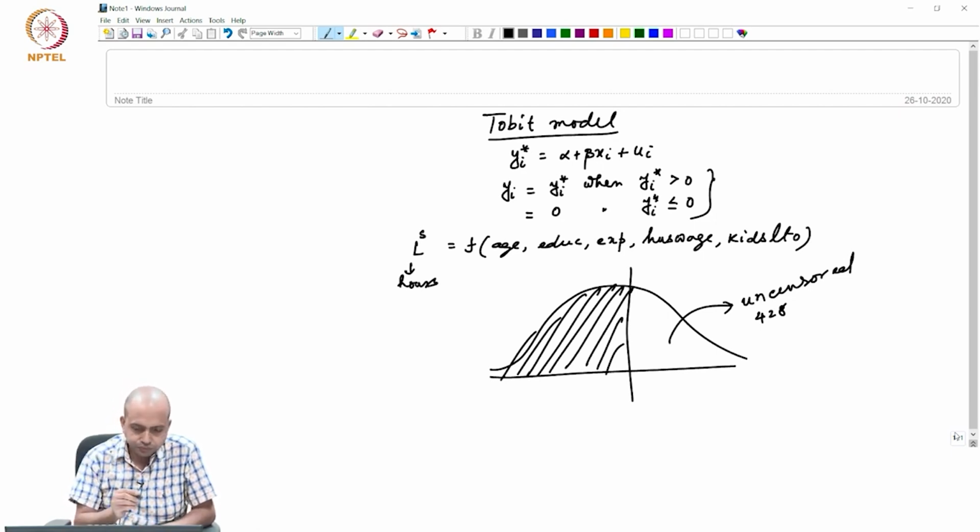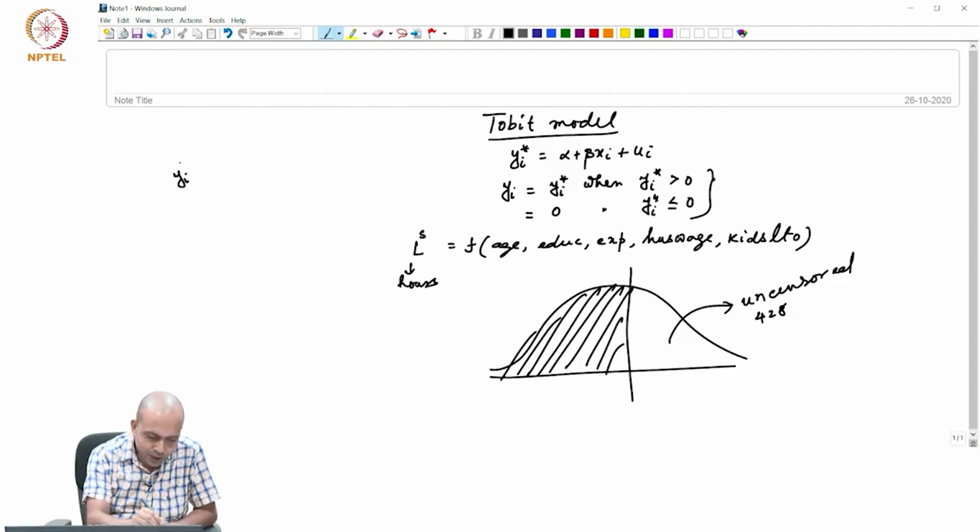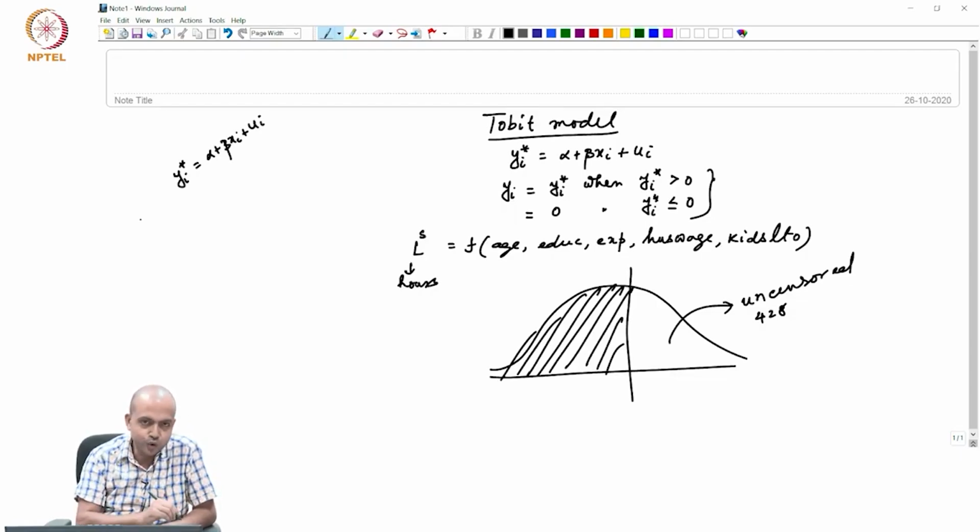See here, we say that yi star equals alpha plus beta xi plus ui. So, the beta that we got from that output is actually from here. That means, we can say that del yi star over del xi equals beta.